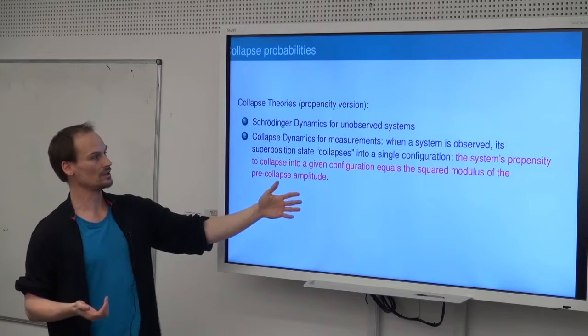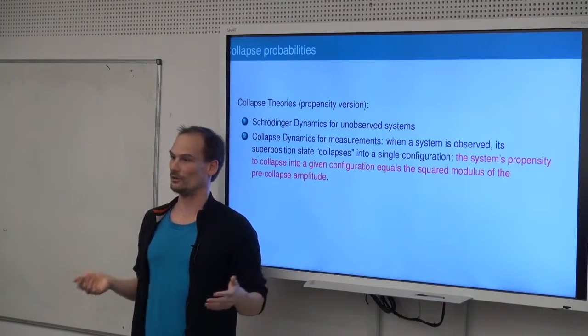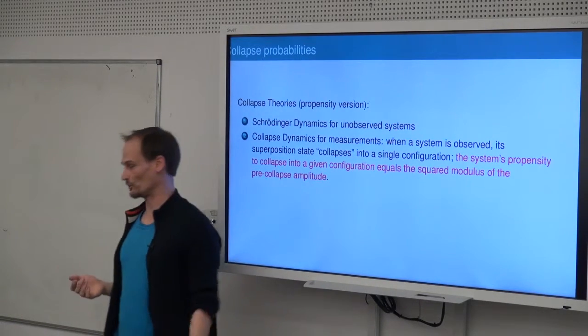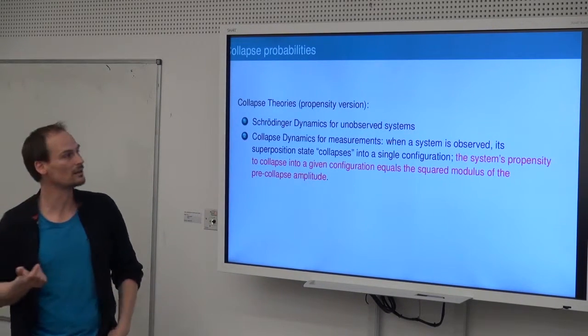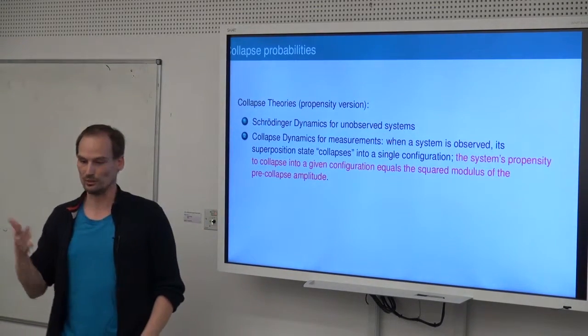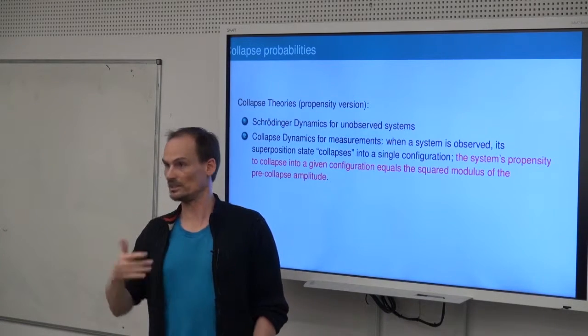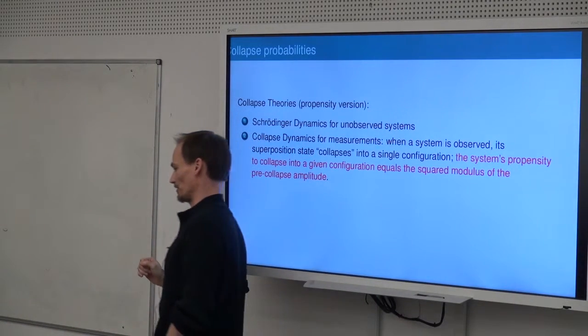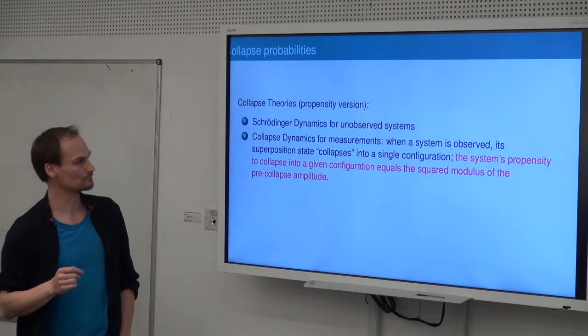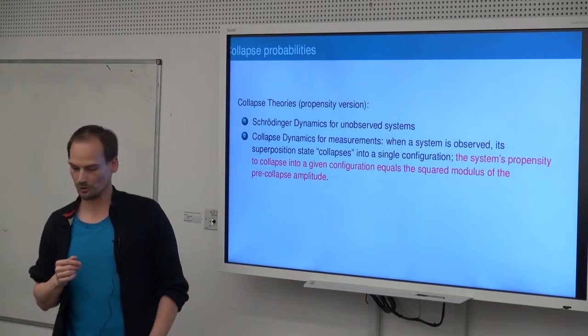And it seems that on this theory, we already have one. It's the length of the arrow. Why postulate another one and say the two are equal? All right, you could postulate a third one. So it seems to be the more economical version of this propensity view. It says that the system's propensity really just is the length of the arrow. It doesn't equal it, it is. So it's the same property, not just the same property value. So the red thing is not really a further law of nature, but just states an equality of properties.